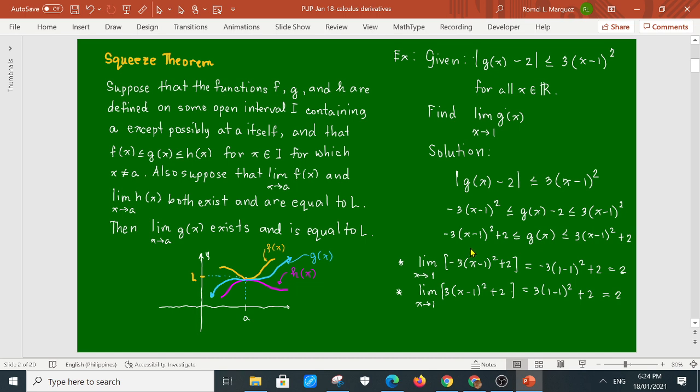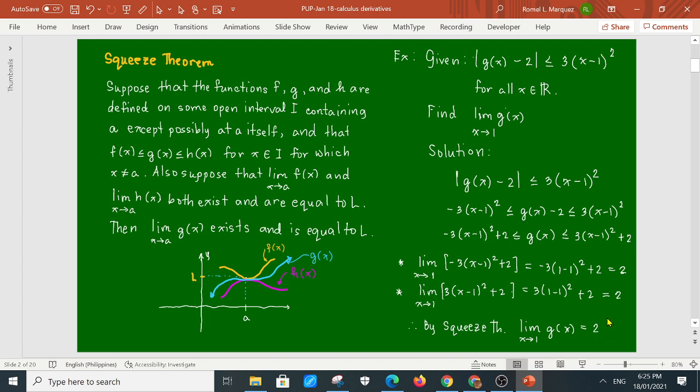Since the limit of our f of x as x approaches 1 is equal to 2, and the limit of our h of x, which is the right part here, as x approaches 1 is also 2, we conclude by the Squeeze Theorem that the limit as x approaches 1 of g of x, because it is in between these two functions, is also equal to 2.